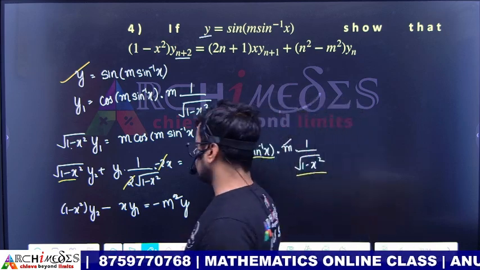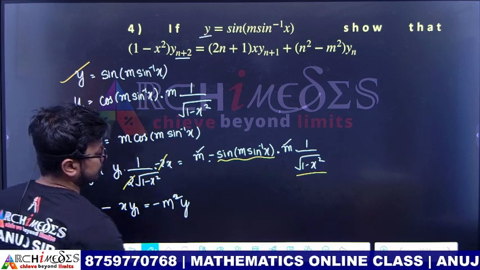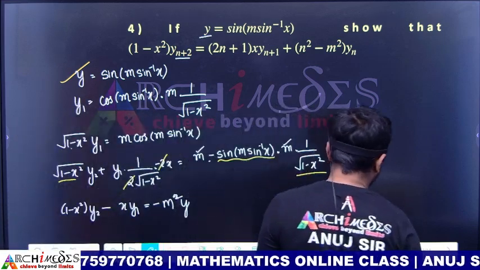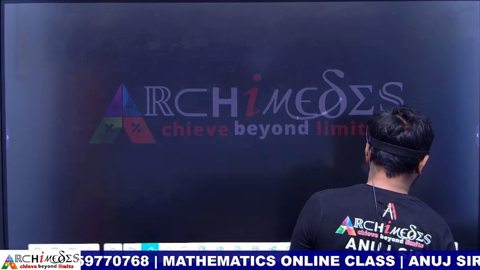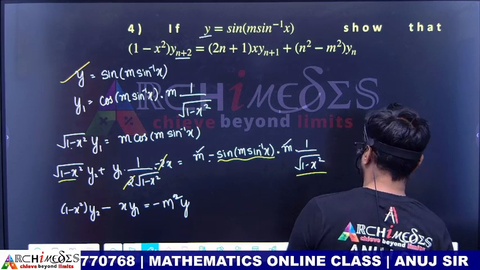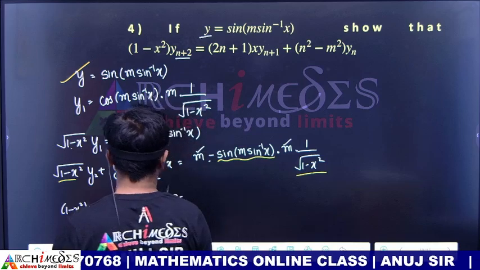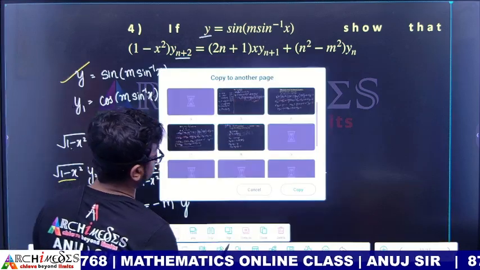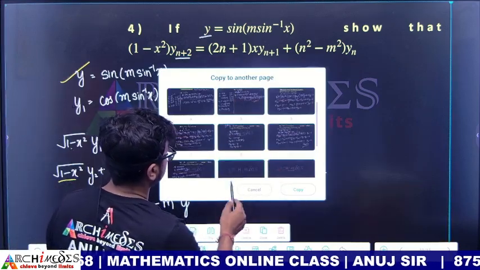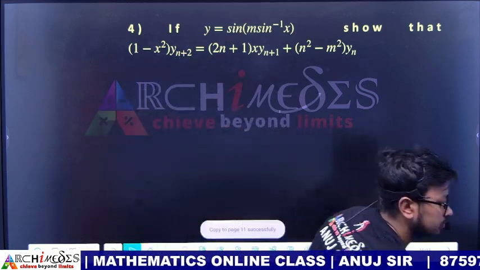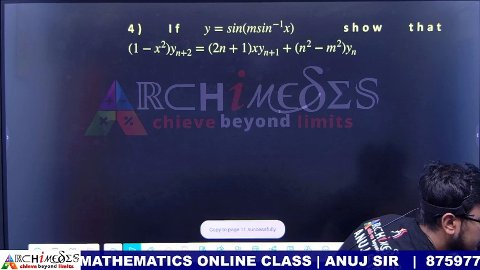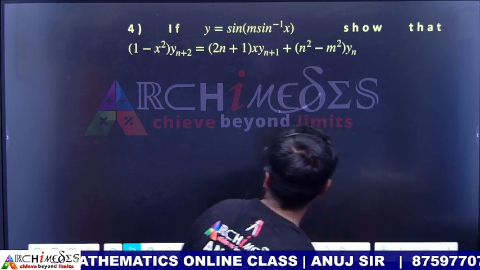Clear? So look over. Now we have to differentiate this, how many times? This you have to differentiate n times using Leibniz theorem. Clear? So look over.